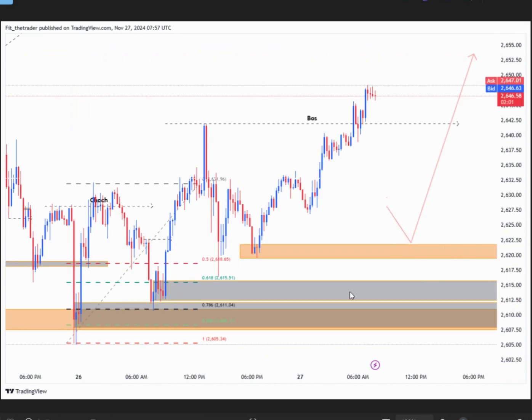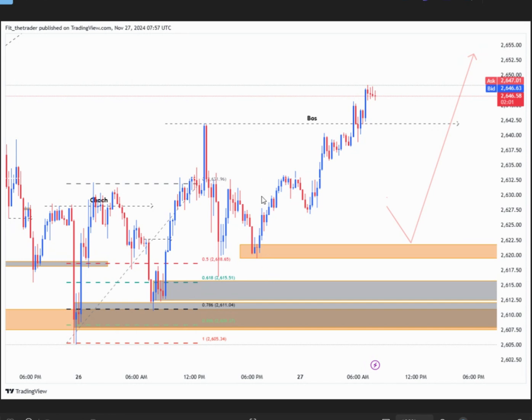So as you can see, price bounced off the 78.6% and broke structure. Okay, came back a little into the zone and broke structure again. Now, looking at this break of structure, this is a trend continuation.